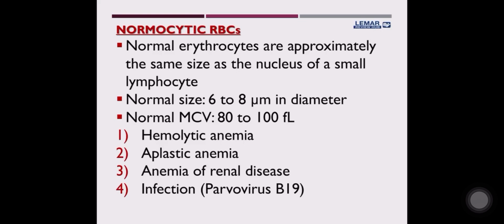Pero anong mga halimbawa ng condition wherein normocytic yung mga red cell? Hemolytic anemia, aplastic anemia, anemia of renal disease, and in case of infection. Remember yung mga kakagaling sa local review, a viral infection associated with transient aplastic crisis, parvovirus B19.